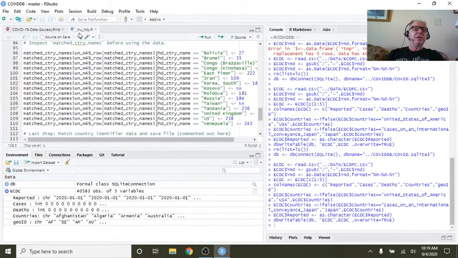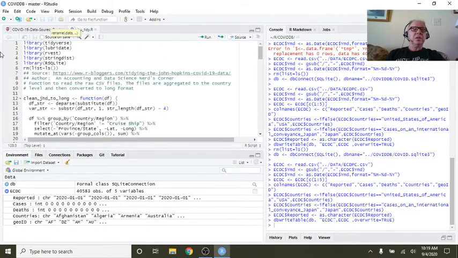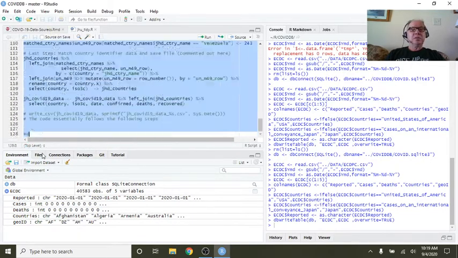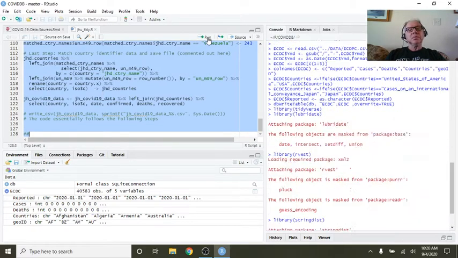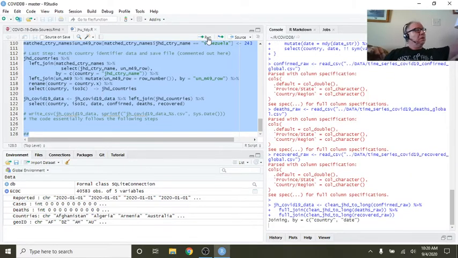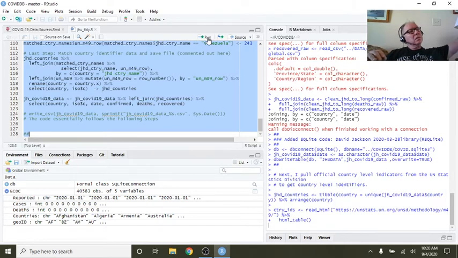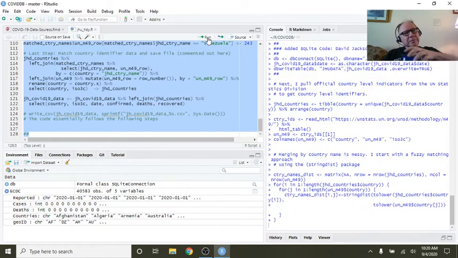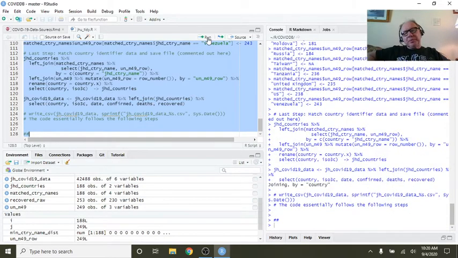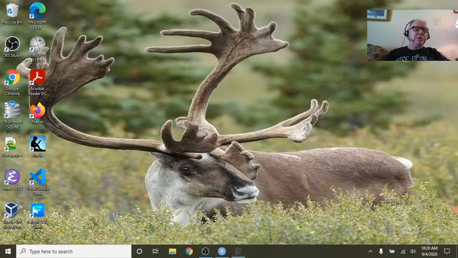We shouldn't need to do this, but let's just do it anyway to make sure. Okay, now let's check one more time, European numbers.